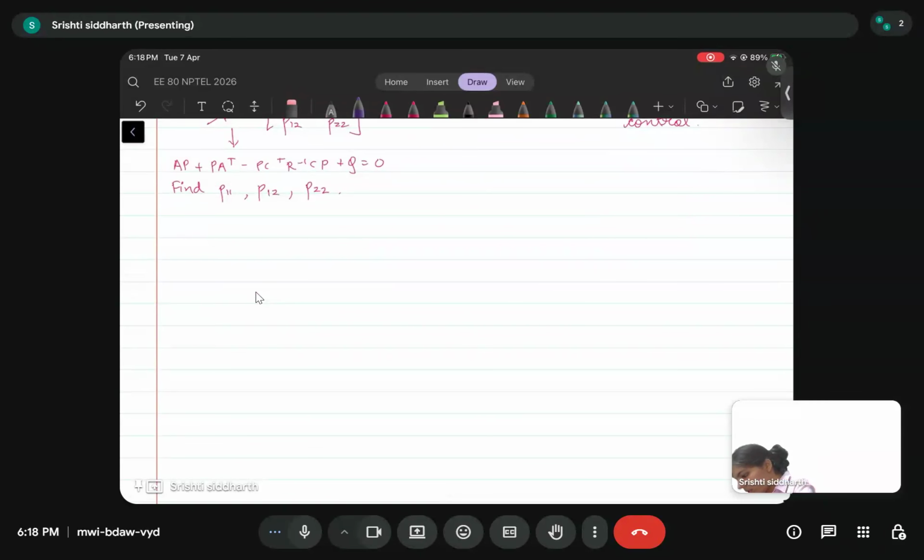This is continuous time Kalman filter design. So I write down the question. It's a second order system.